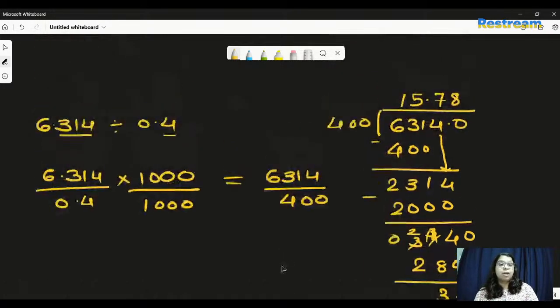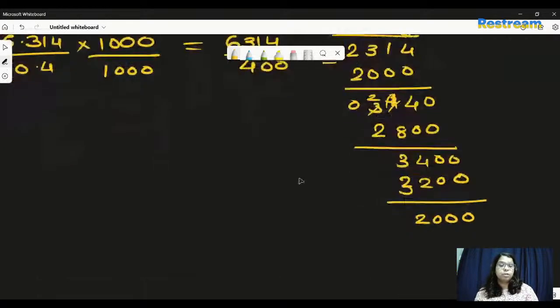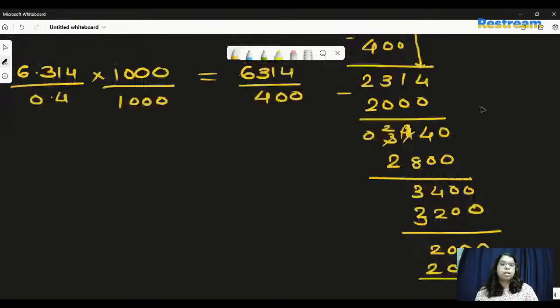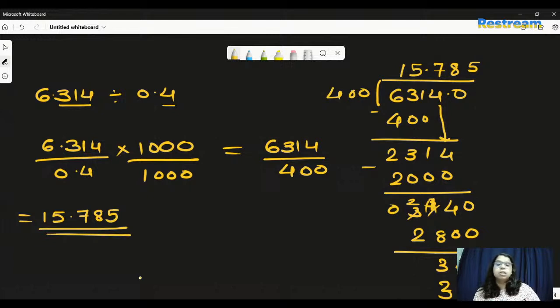This is times 5, which is 2000, and then it's done. So your answer is going to be 15.785. So this is how you do a decimal division.